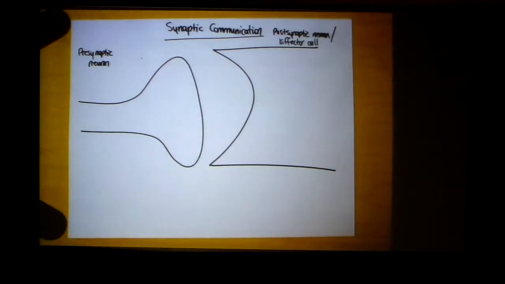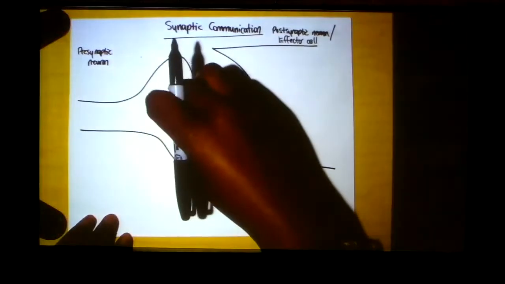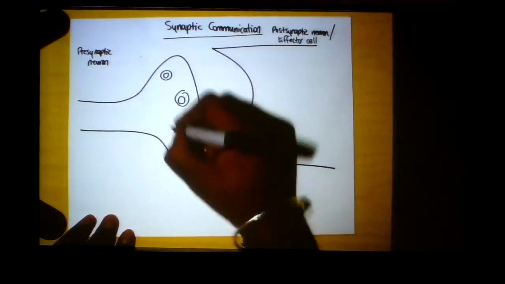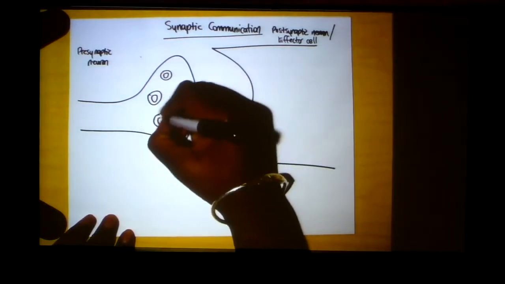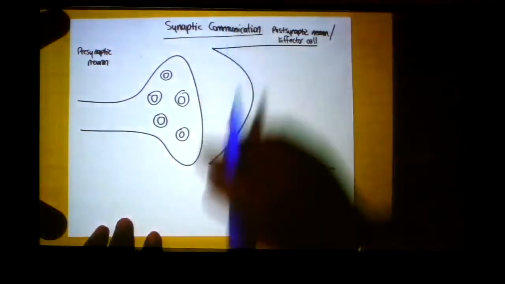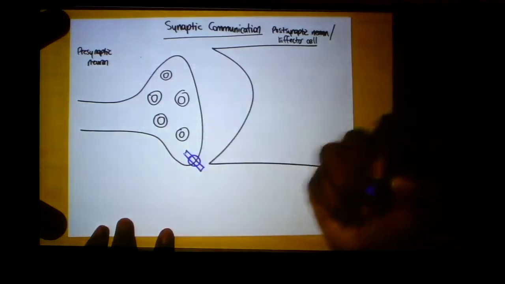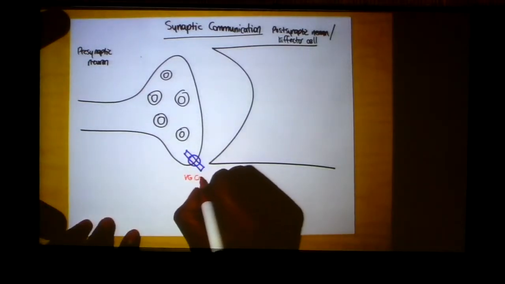And so basically we have the action potential moving along here. Let's actually put a few structures here first. So we know in the axon terminal, we have some vesicles. We have quite a few vesicles here. On the membrane of this axon terminal, we have voltage-gated calcium channels. Let's label this here. This is a voltage-gated calcium channel.